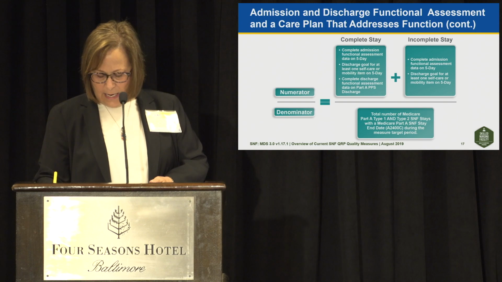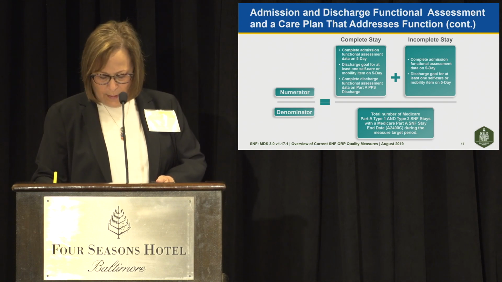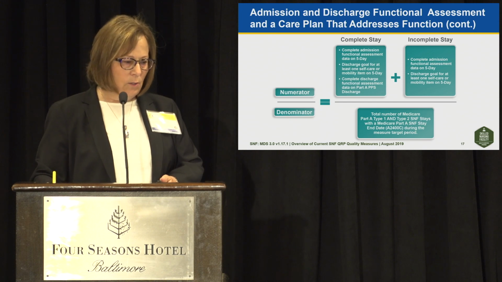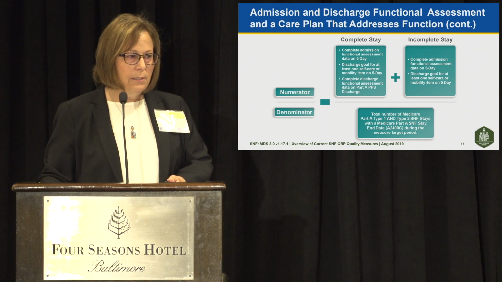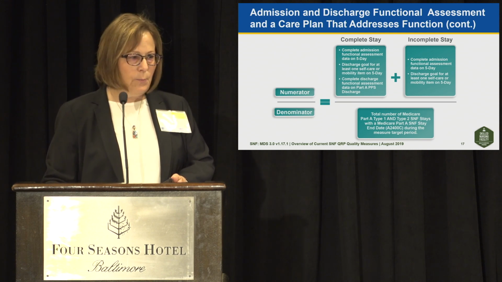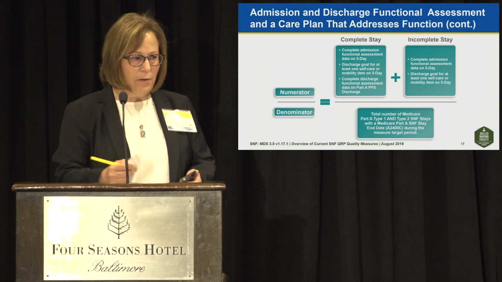If the resident had an incomplete stay, it requires all the GG admission performance data elements and at least one goal. Once again, the numerator divided by the denominator times 100 will give you a percentage score. And for this measure, a higher number is preferable.